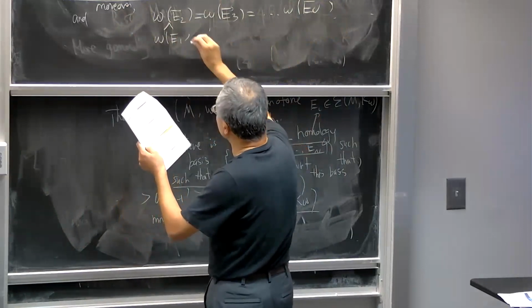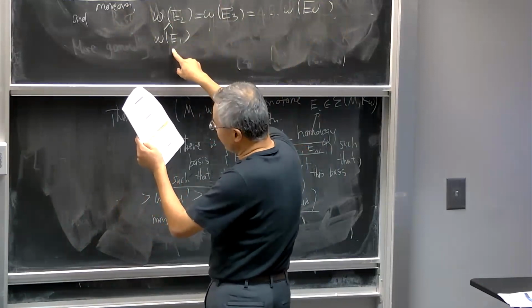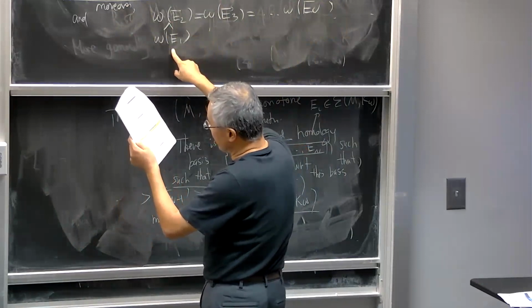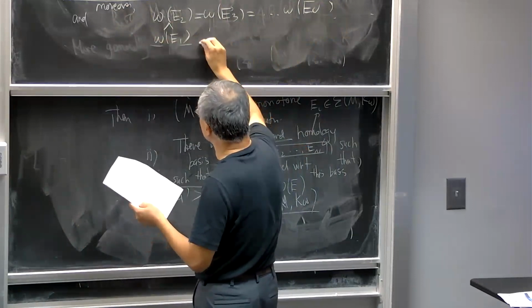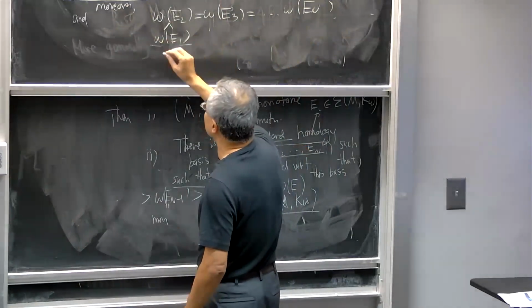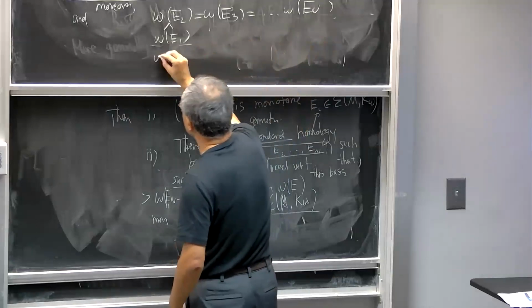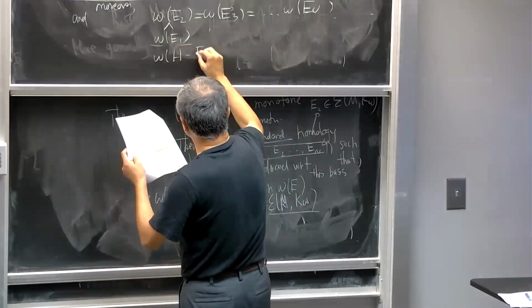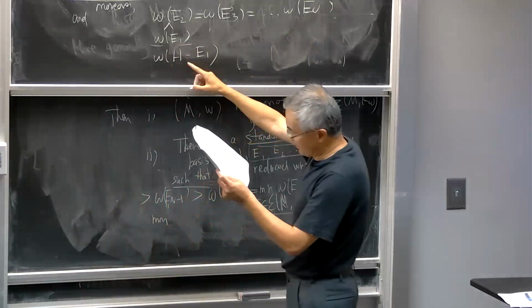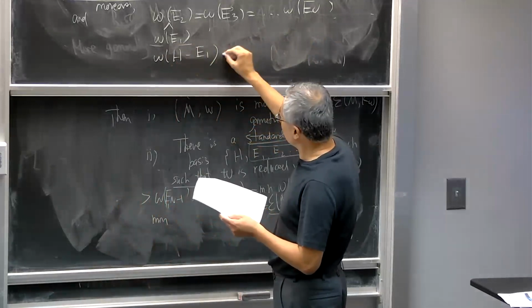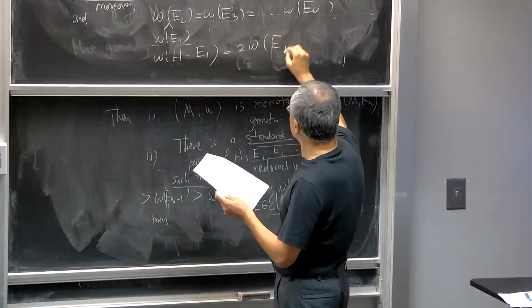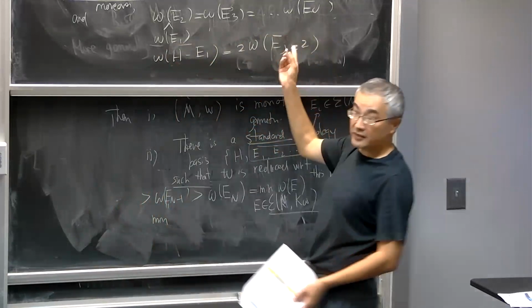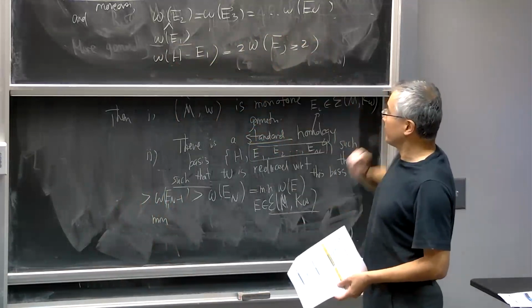In fact, the area of the first one is exactly twice. Okay, not necessarily twice. So this is true, and this, omega of H minus E1, is like a fiber class. It's precisely twice the area of E_j, where j is at least 2.